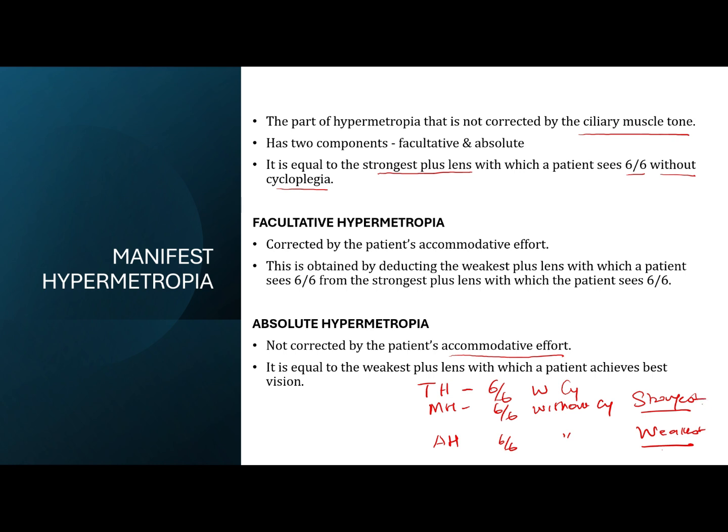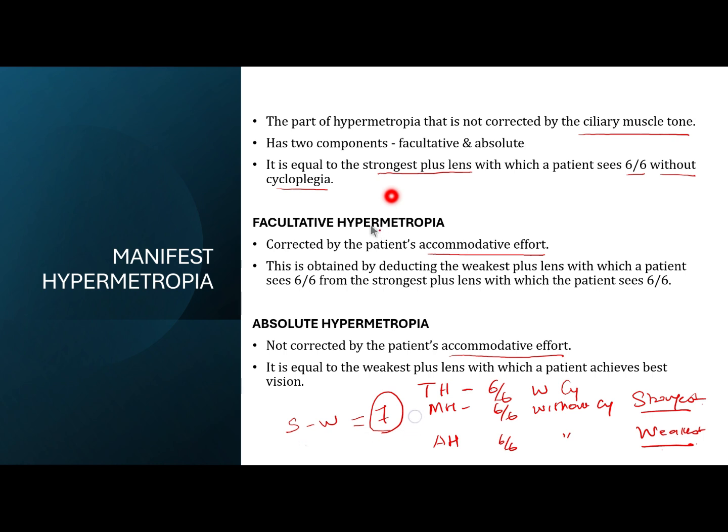So we have a strongest lens, we have the weakest lens. When we subtract the weakest lens from the strongest lens, we get what is known as the facultative hypermetropia. So facultative hypermetropia is that component which is corrected by the accommodative effort of the patient. It is obtained by deducting the weakest power plus lens with which a patient sees 6/6 from the strongest power plus lens with which a patient sees 6/6.